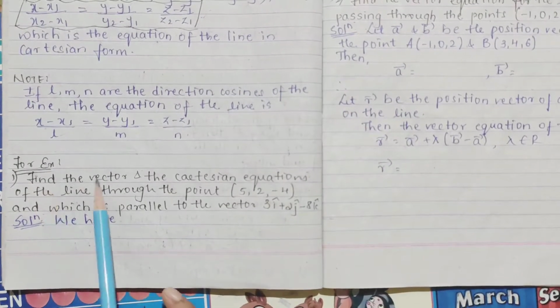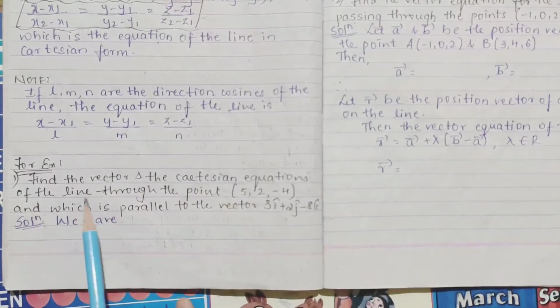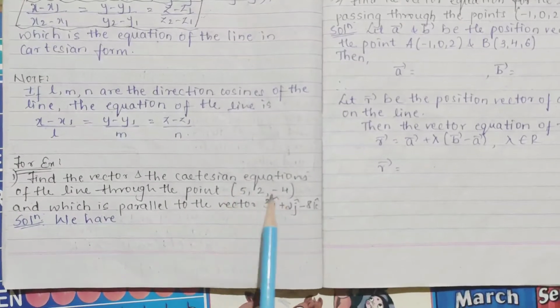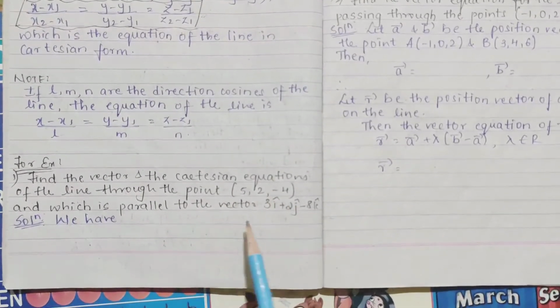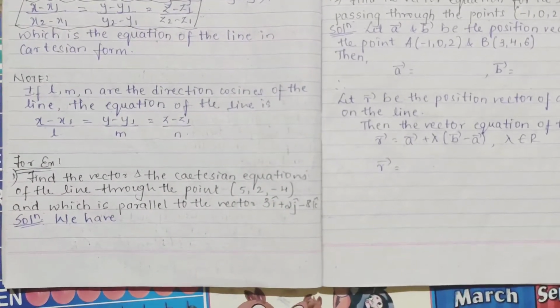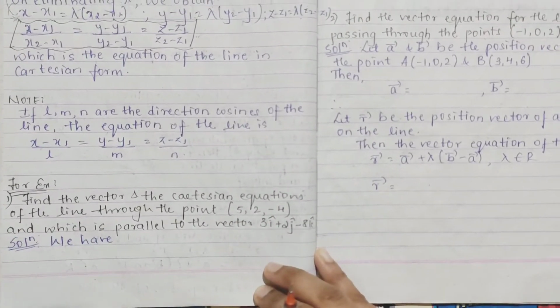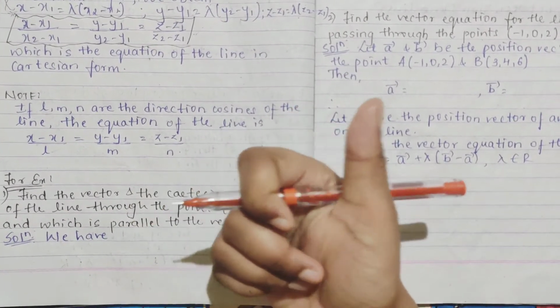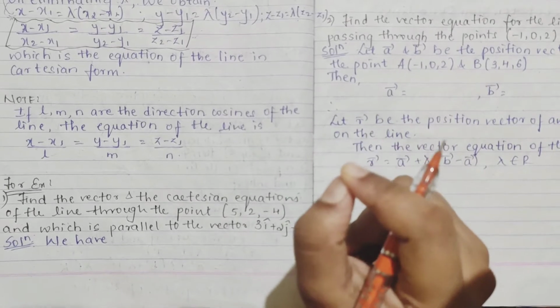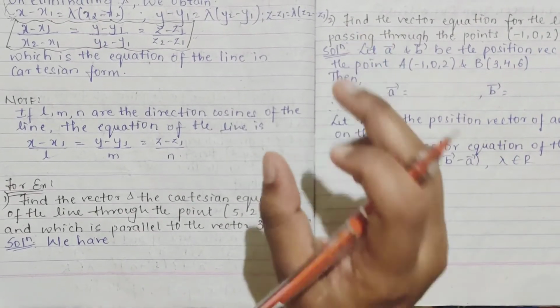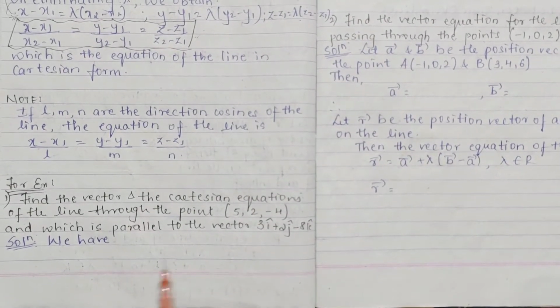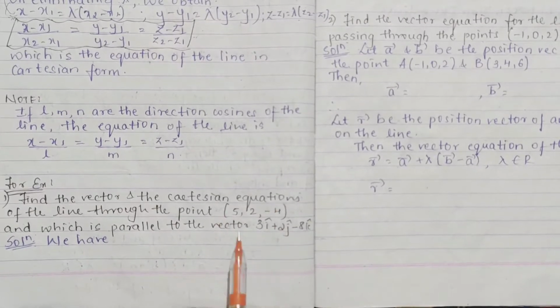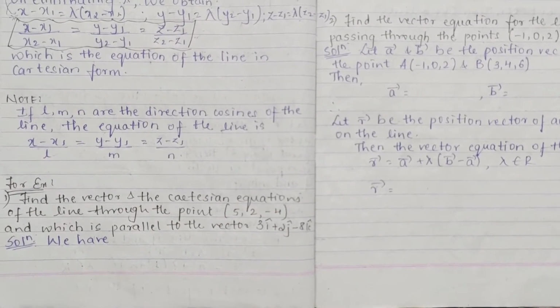What they are telling: find the vector and the Cartesian equations of the line through the point (5, 2, -4) and which is parallel to the vector. So the equation of a line which we have done right now, there you will be having a line, right. In that they have mentioned a point and even the vector, that is the b vector we have taken. So same, they have given you a point and vector b.